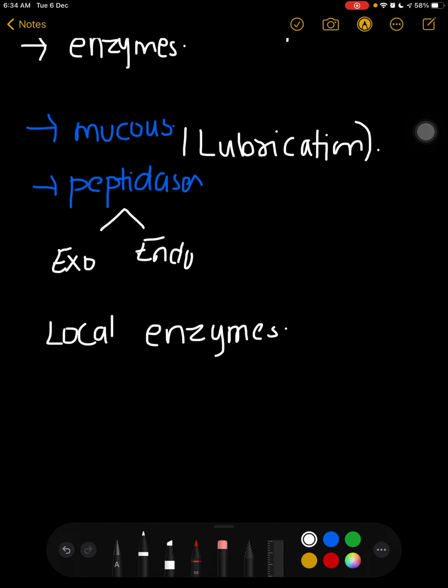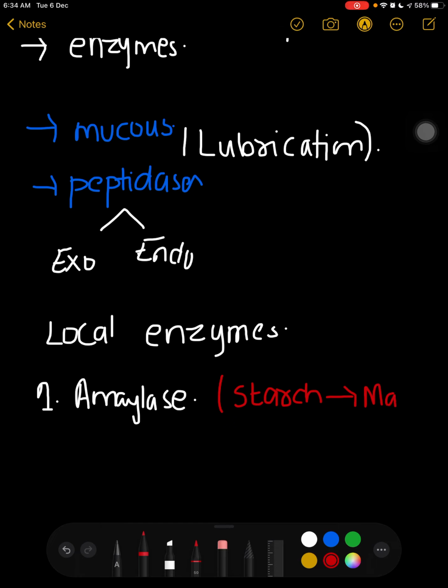For example, first we have amylase. What's the function of amylase? Amylase will convert starch into maltose.